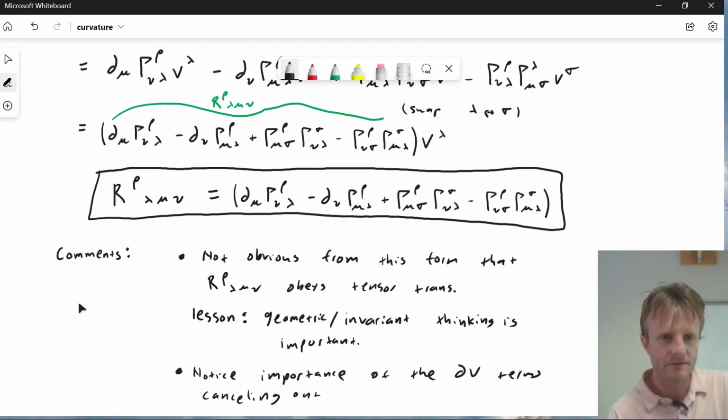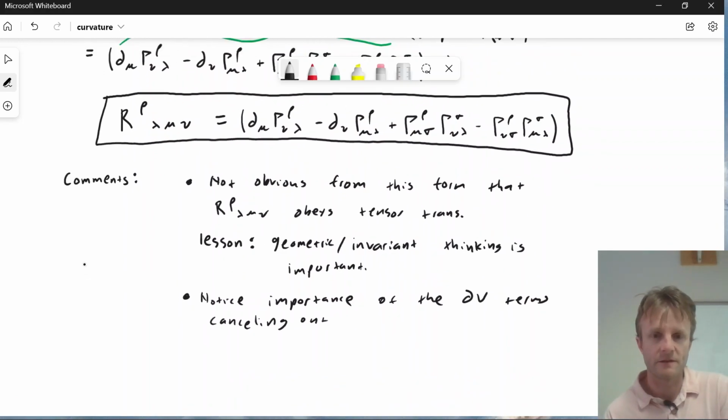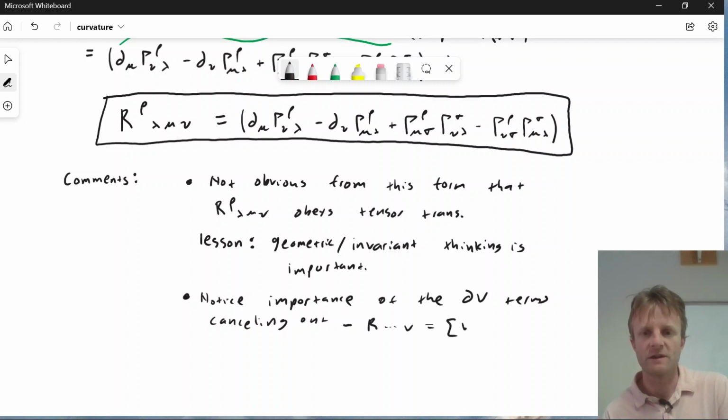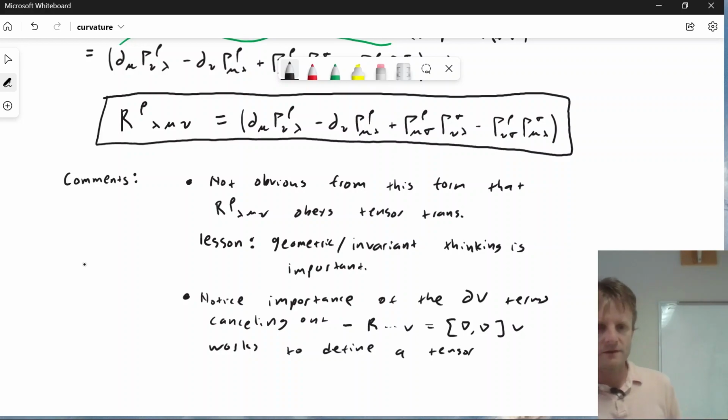We need that so that the Riemann tensor defines a tensor, right? This equation, R v, like the commutator of covariant derivatives acting on v, works to define a tensor. There's no room for a derivative of v terms there.